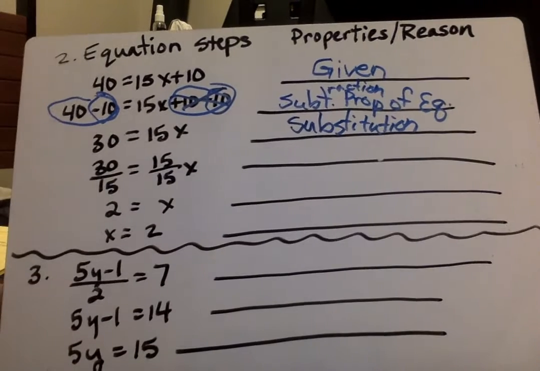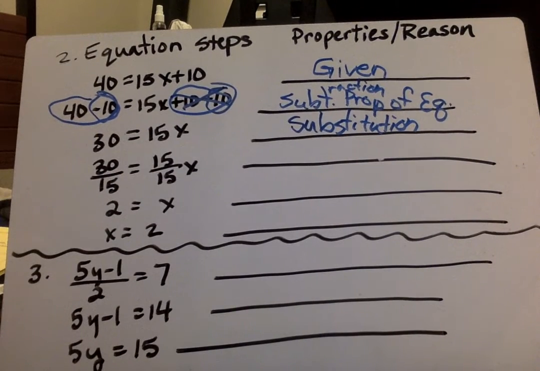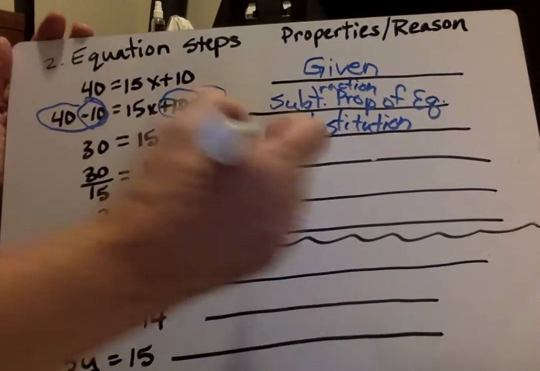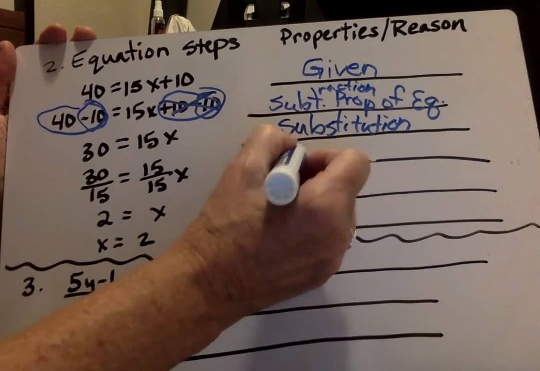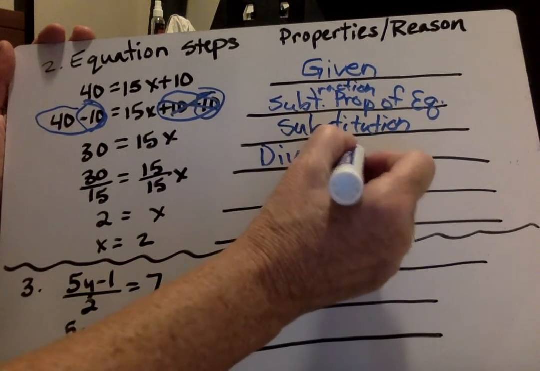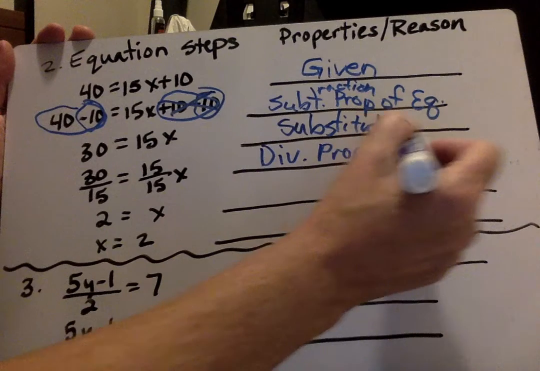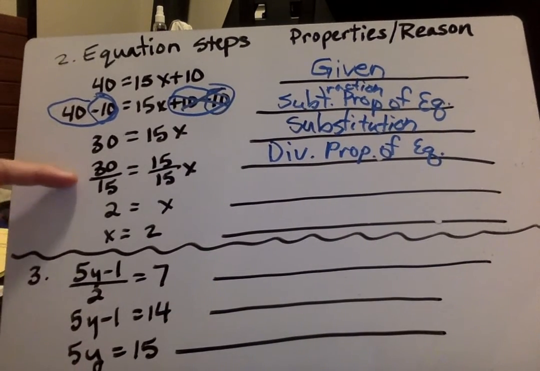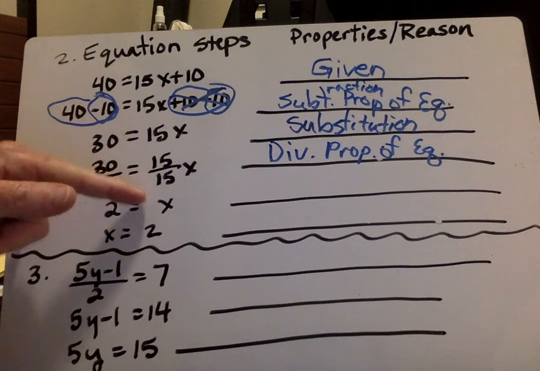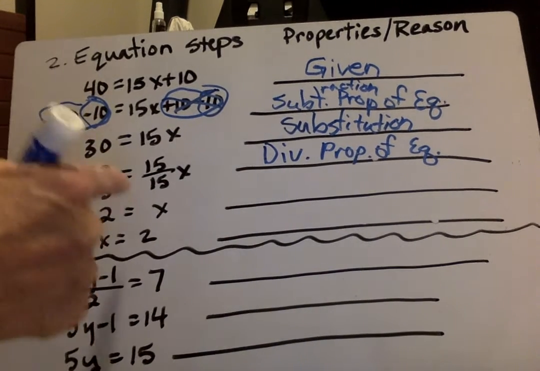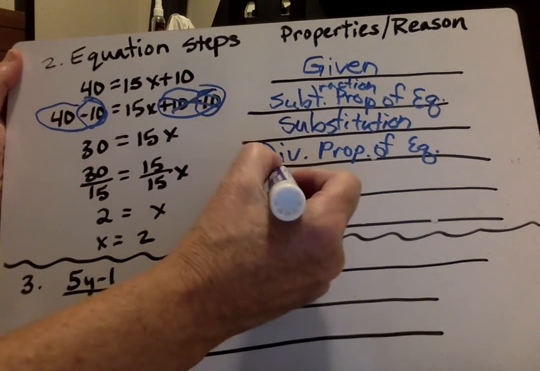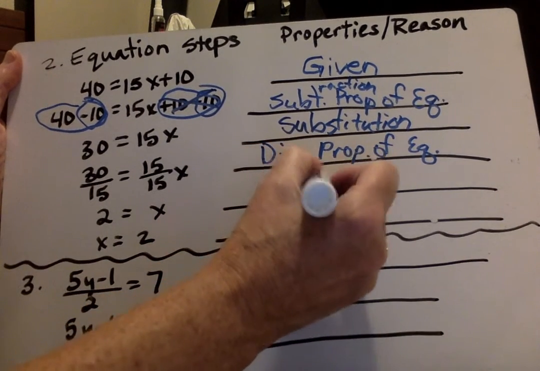Okay, all right. So then what happened? We went from here to here. Oh, we divided by 15 on both sides. So that's going to be division property of equality. Okay. And then 30 over 15 went to 2, and 15 over 15 went to 1. We don't write it when it's just in front of the variable as a 1. So it's simplified. So that's going to be another form of substitution.